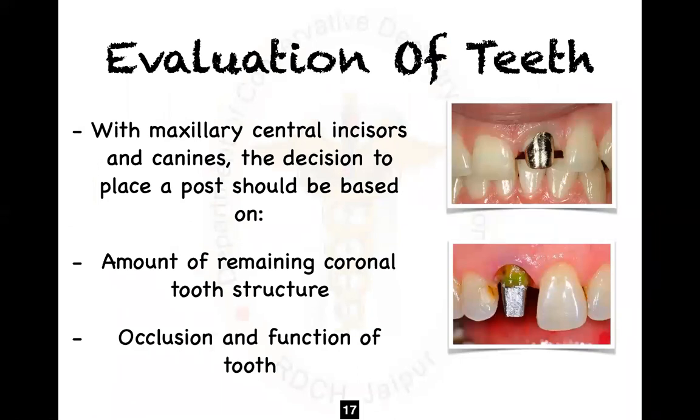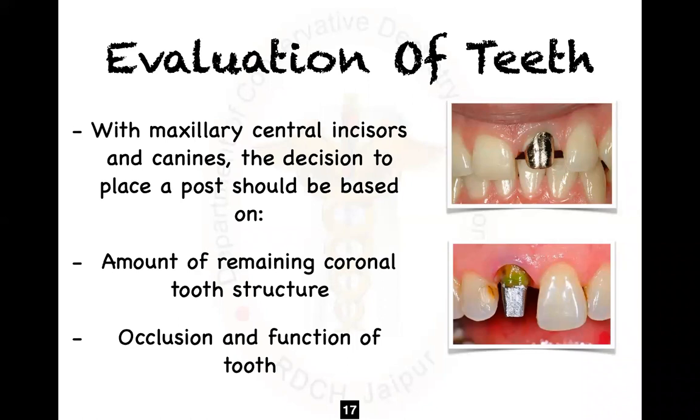Evaluation of teeth. Now, ऐसा नहीं है one thing fits everything. Like one post will fit all anteriors and posteriors. ऐसा नहीं है. We have to evaluate the teeth. Like with maxillary central incisors and canines, the decision to place a post should be based on the amount of remaining coronal tooth structure. The same thing that I discussed in the second, third slide of mine.